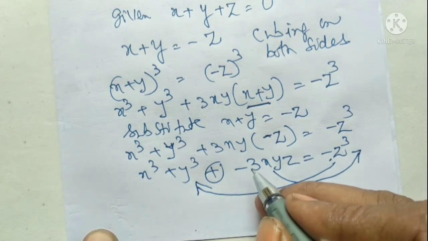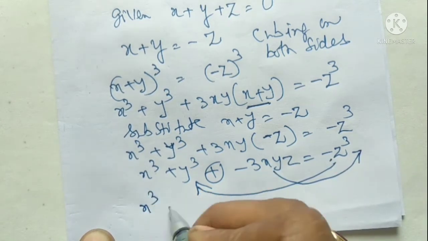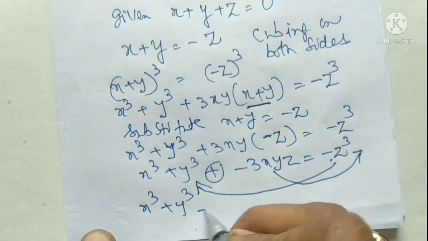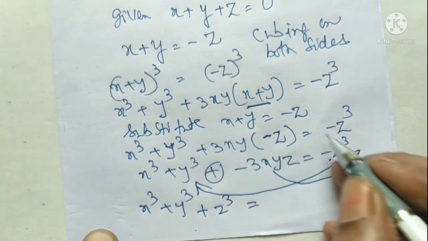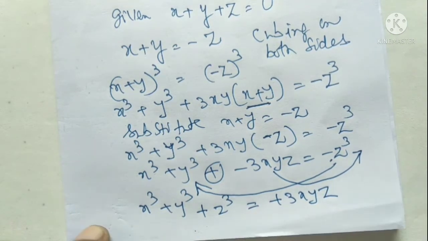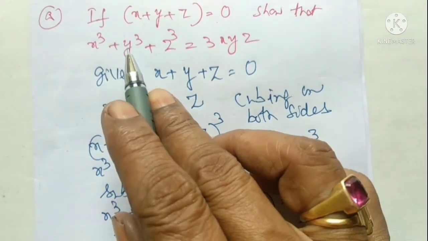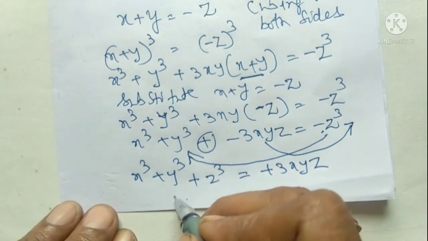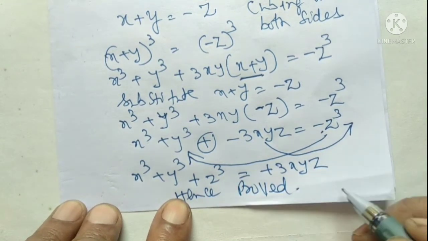In the same way, minus 3xyz will become plus. Then it is x cube plus y cube plus z cube is equal to 3xyz. Now it is proved, hence proved.